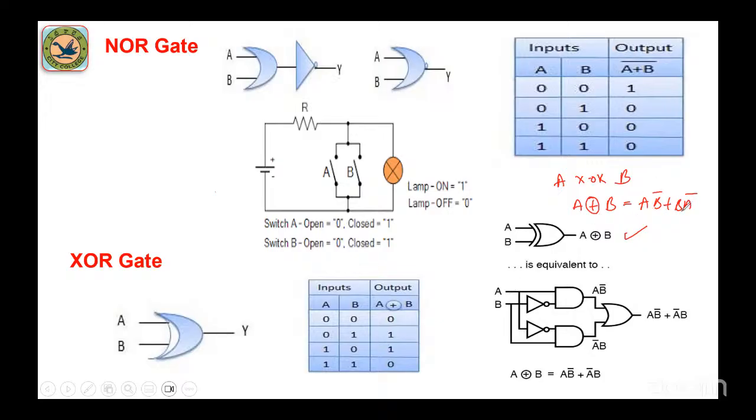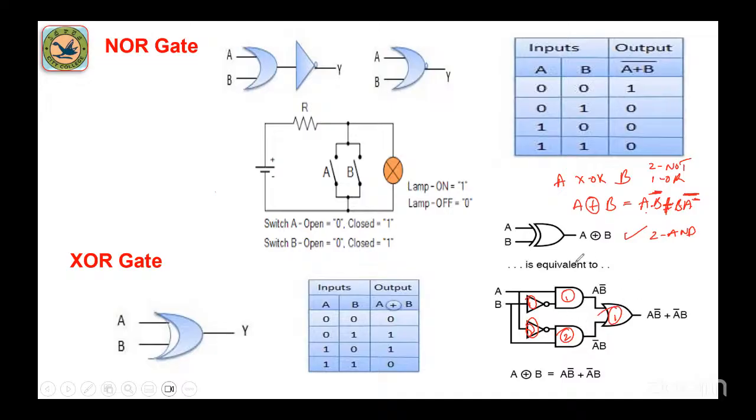How many gates are present inside the XOR gate? For A B bar, first of all write it down. Bar means a NOT gate. How many NOT gates are there? 2 NOT gates, and one OR gate, the plus. Between A dot B bar and B dot A bar, there are 2 AND gates. So 2 AND gates, 2 NOT gates, 1 OR gate.